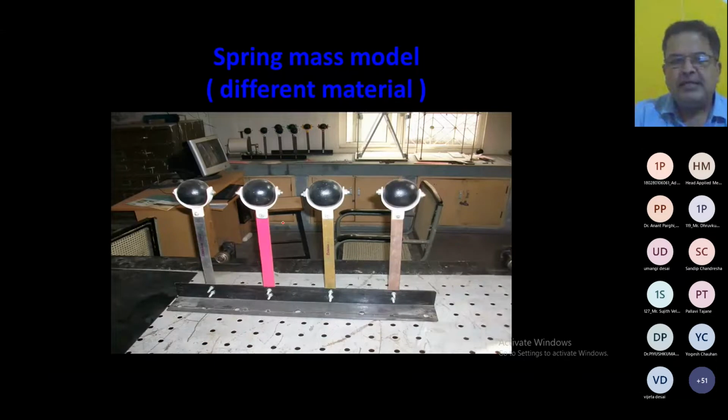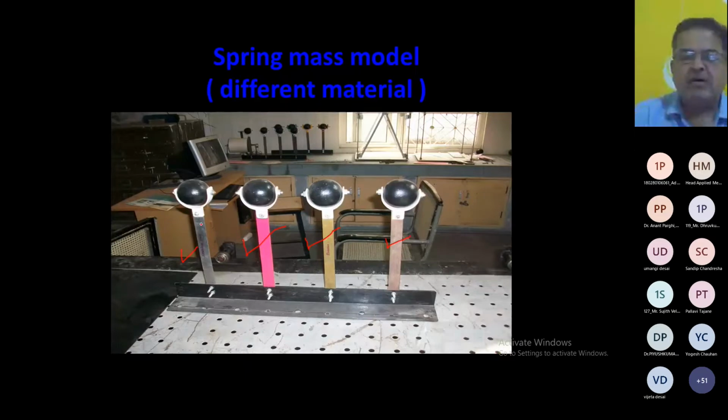So this is the spring mass model having a single degree of freedom, and you can see here these are the models we developed in 2006-7, and still it is working. I tell you, these are all still in working condition after 16 years.